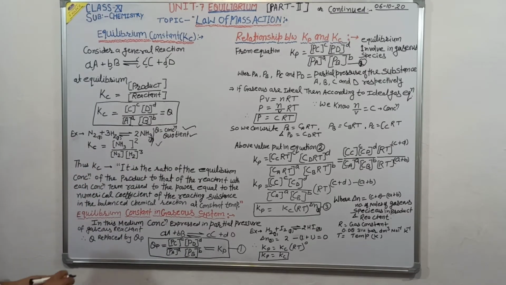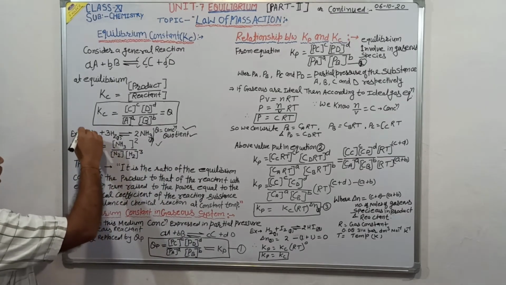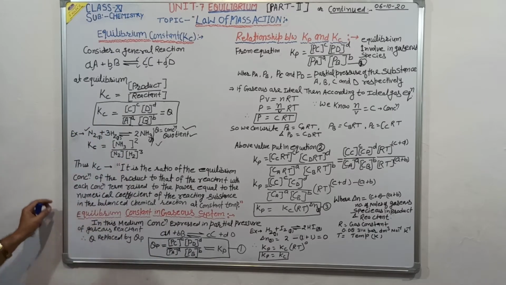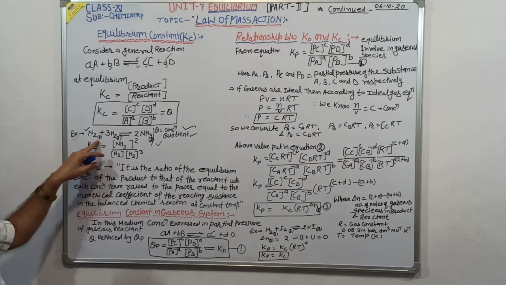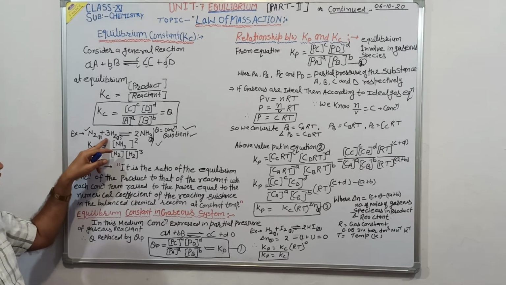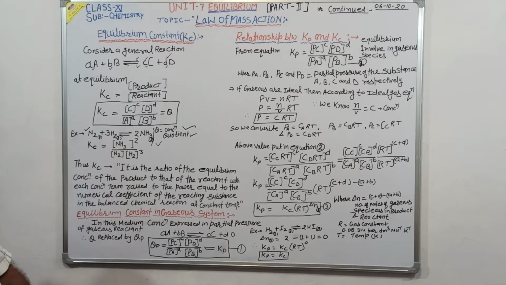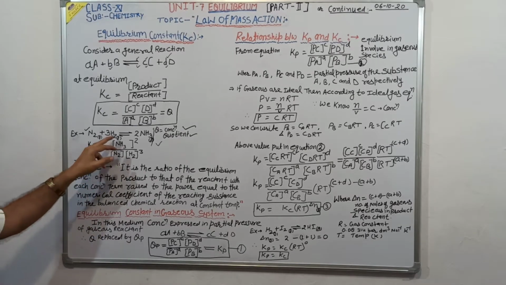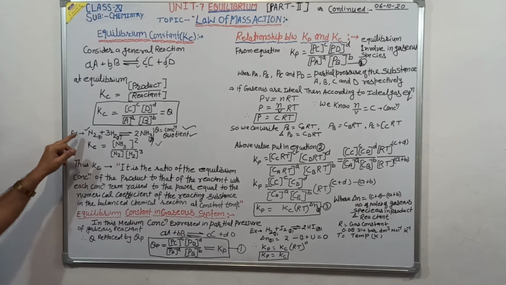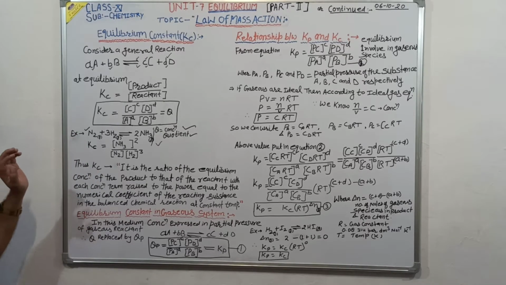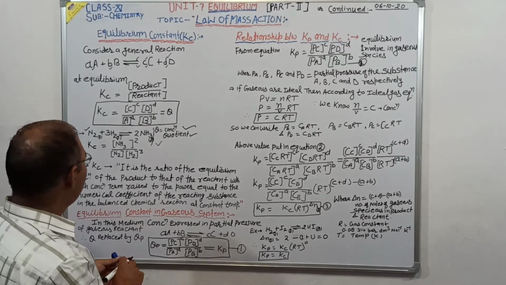Take this example: N2, a gaseous substance, plus 3H2, a gaseous reactant, gives 2NH3. That is a reversible reaction.